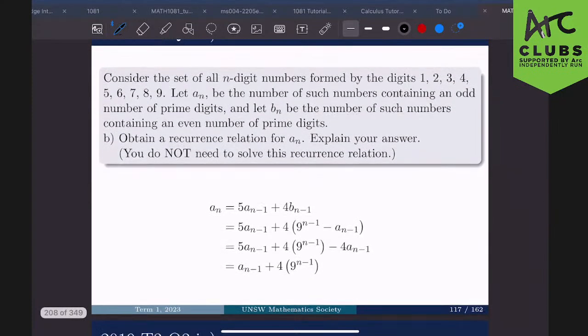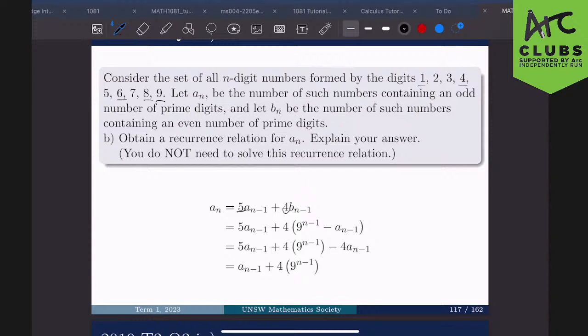And this fits into our recurrence relation. So once again, we've got the 5 from the 5 non-prime numbers, and the 4 from the prime numbers.